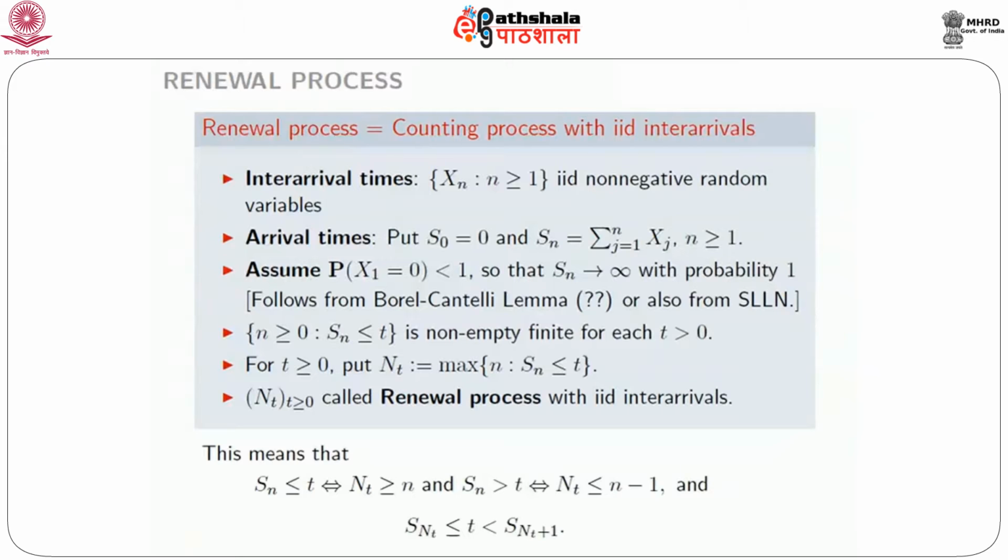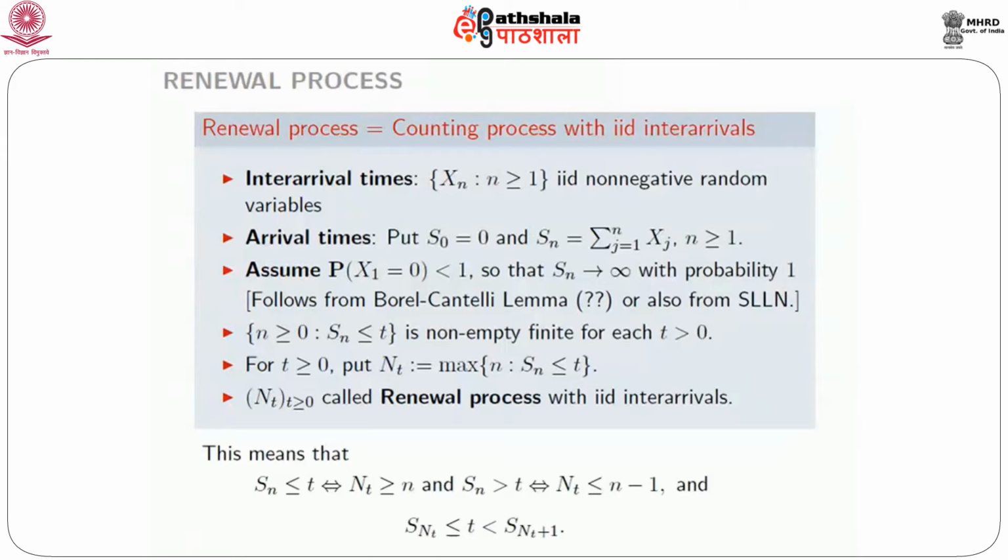You can argue it from the Borel-Cantelli lemma. How? Since the probability that X1 equals 0 is less than 1, the probability that X1 is positive. In particular, you can take a fixed quantity epsilon such that the probability that X1 is greater than or equal to epsilon is positive, let us say alpha.